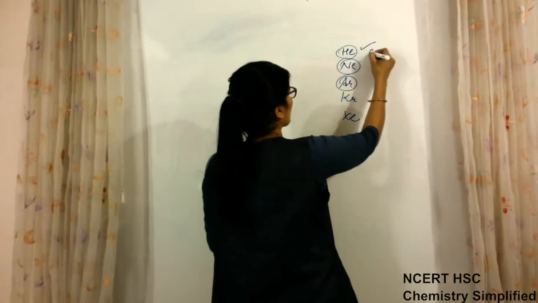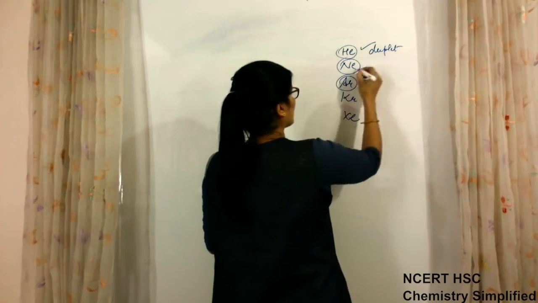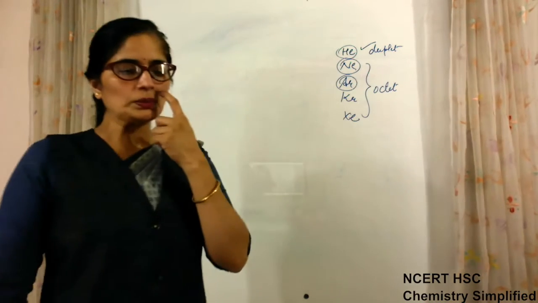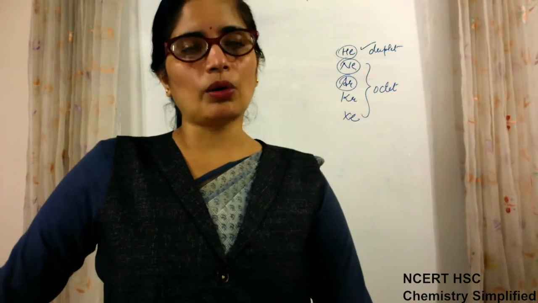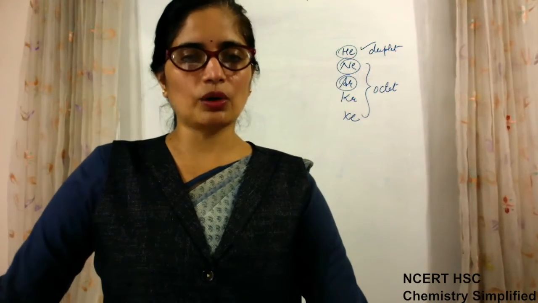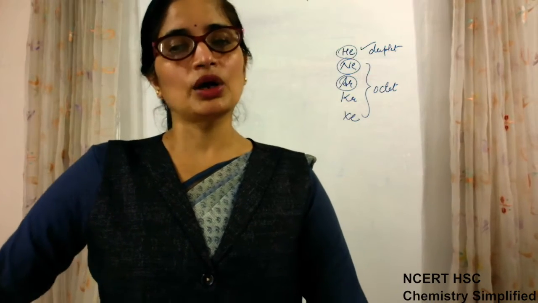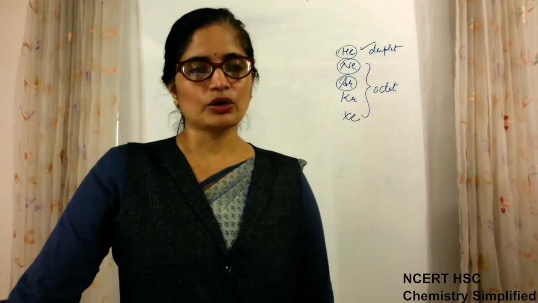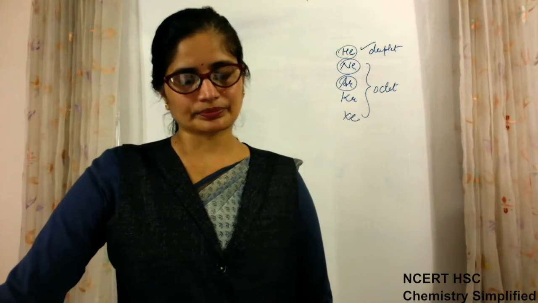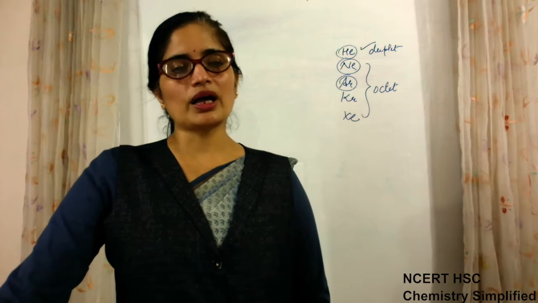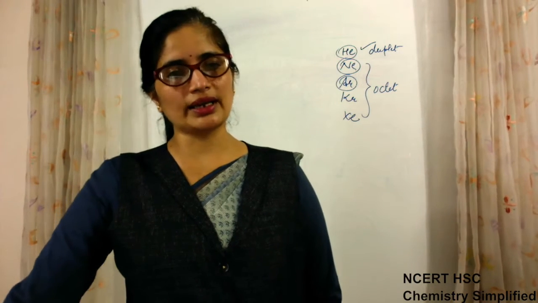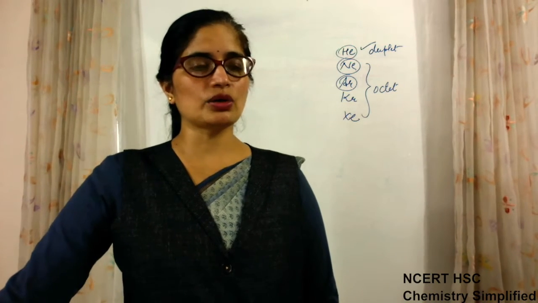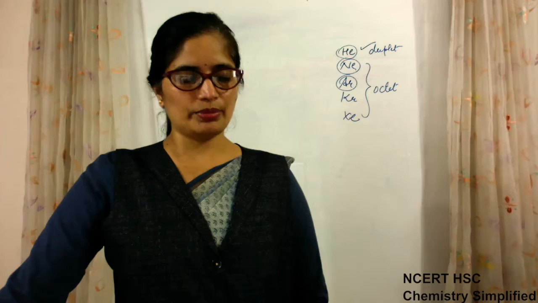In case of helium we talk about duplet, and in case of all others we talk about octet. So it was found that all elements in nature undergo combinations only to complete their octet, because once they complete their octet they become stable. Stability is the ultimate requirement of all elements, and to attain that they should have 8 electrons, and to attain those 8 electrons they have to undergo chemical combinations.